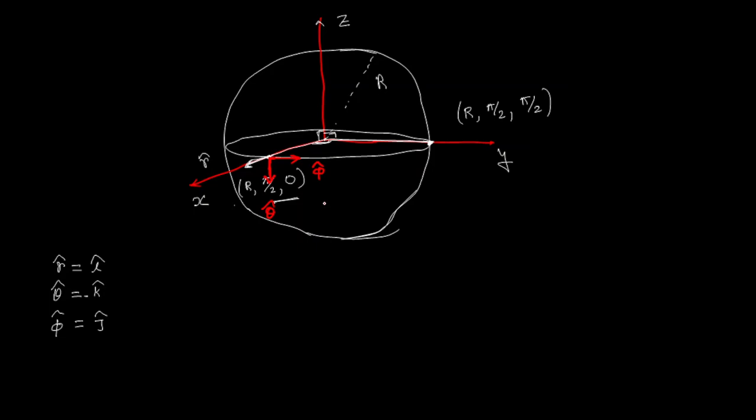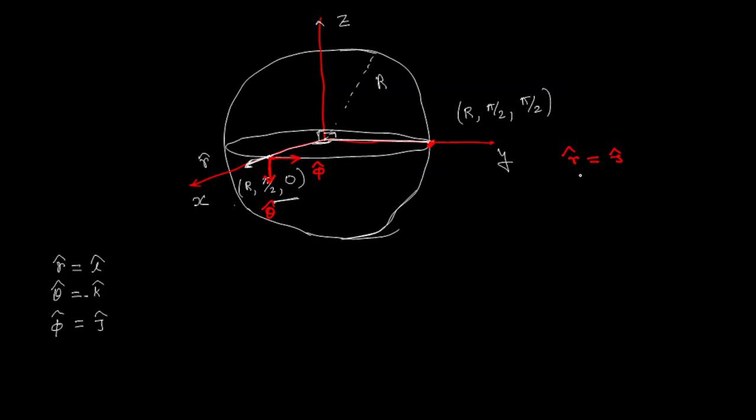Now, the same way, you can write the unit vectors r cap, theta cap, phi cap for this point. When you put theta equals 90 and phi equals 90 in the equations, for r cap we get plus j cap.